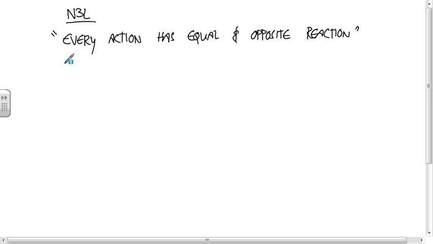Well, mathematically, the way we're going to think about it is simpler than trying to make sense out of this phrase. Newton's third law, you can think of its definition as being the force vector on body B by body A is equal to the opposite of the force vector on body A by body B. Okay, so if you switch the subscripts, you switch which force is acting on which, you switch the signs.